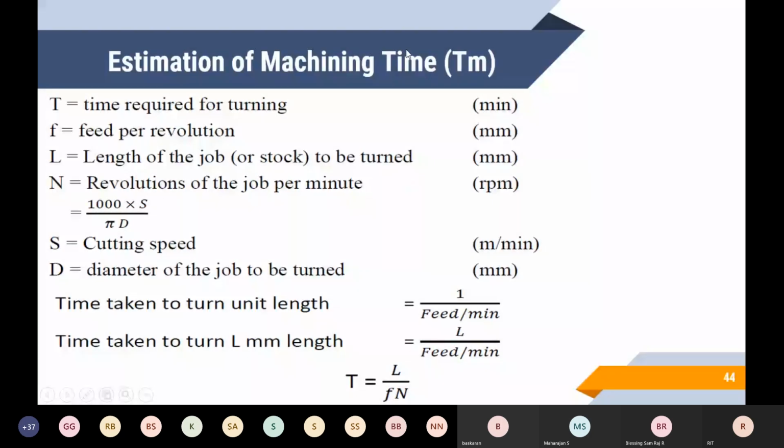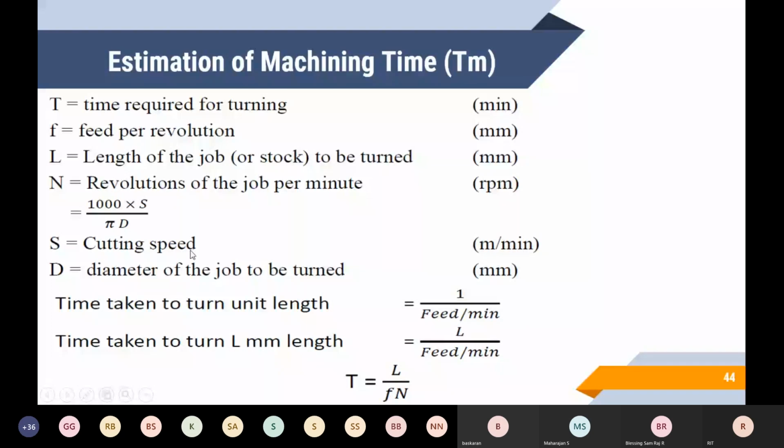Then the estimation of machining time calculation is another important area. Normally T denotes the time required for turning, f is the feed per revolution, L is the length of the job in millimeters, N is the revolutions of the job per minute, equal to 1000 V divided by pi into D. Here D means D average. V is the cutting velocity or cutting speed, D is the diameter of the job.